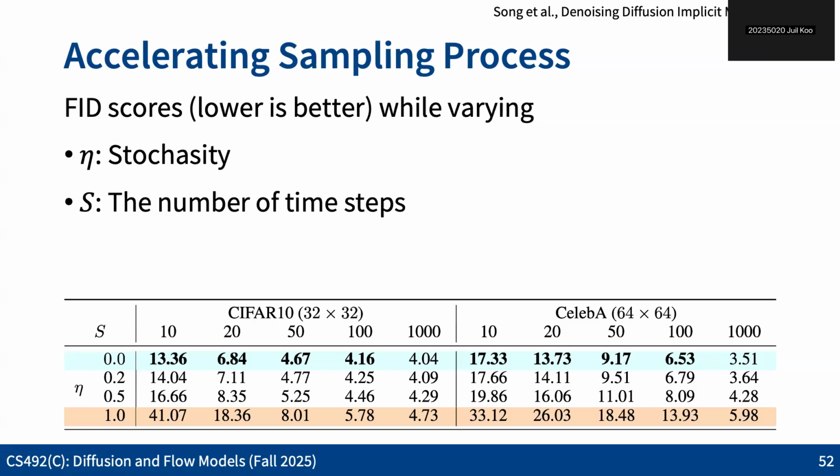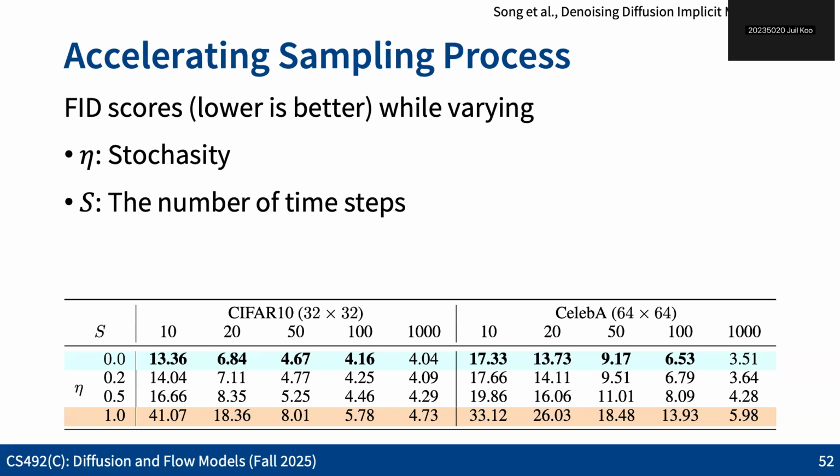Especially when you decrease the time step all the way to 10, the quality degradation is not very big compared to this case. This was about a 10 times increase of the FID, while this is about a 3 times increase of the FID, right?